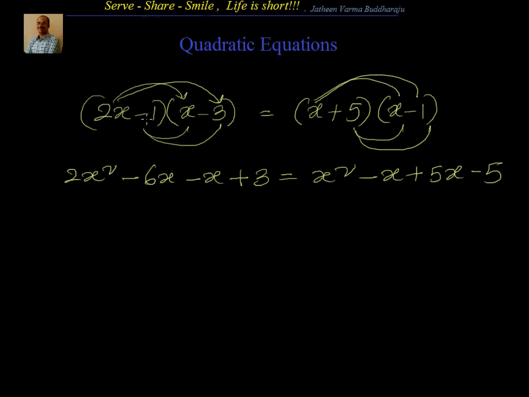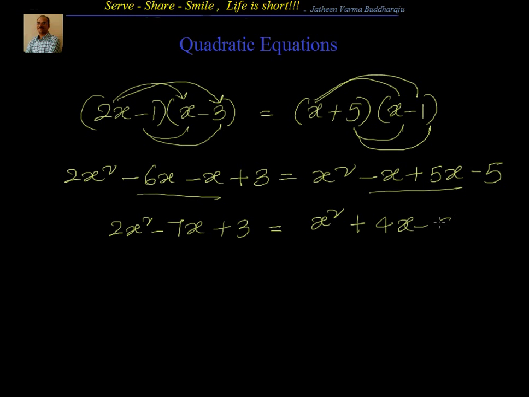Let me check that. 2x square minus 6x minus x plus 3, x square minus x plus 5x minus 5. Let's simplify this. We have 2x square, like terms, minus 7x plus 3 equal to x square. We have like terms, plus 5 minus 1 is plus 4, 4x minus 5. Let's bring everything to the left hand side. We'll have 2x square minus 7x plus 3 minus x square minus 4x plus 5 equal to 0.